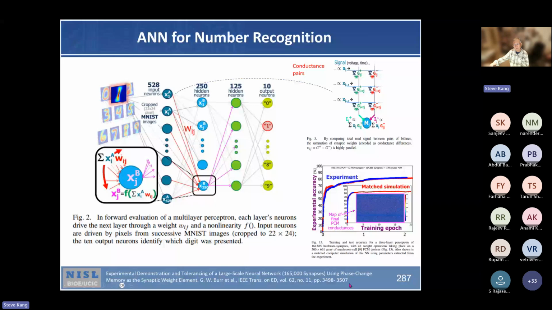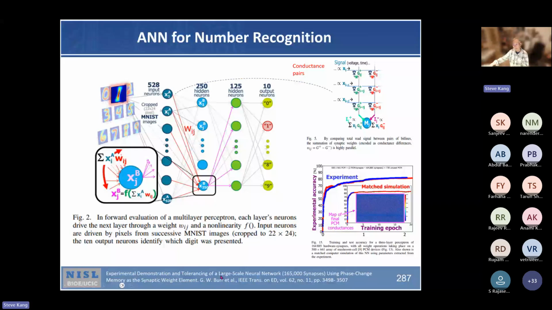This paper is about 10 years old. It's an experimental demonstration and tolerancing of a large-scale neural network. In this experiment, they have 165,000 synapses using phase change memory. They use the phase change memory as the synaptic weight element.